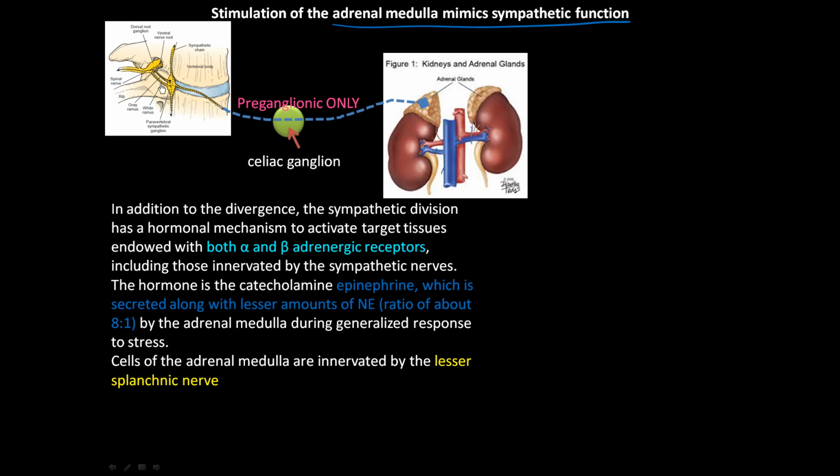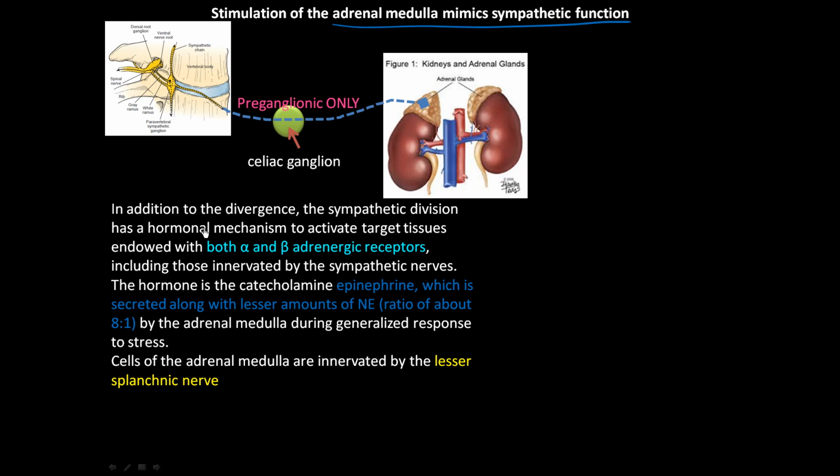So that white ramus, that preganglionic sympathetic neuron, passes right through that ganglion and travels out, and in the case of the adrenal medulla, it passes right through the celiac ganglion. It doesn't synapse, and this is still the preganglionic cell. It comes out and then finds its way to the adrenal glands, which sit on top of each kidney, and it innervates the adrenal gland.